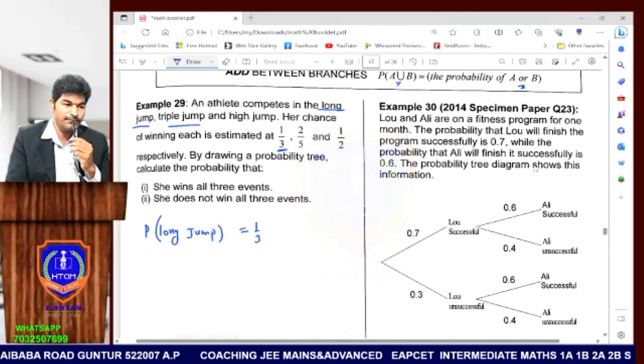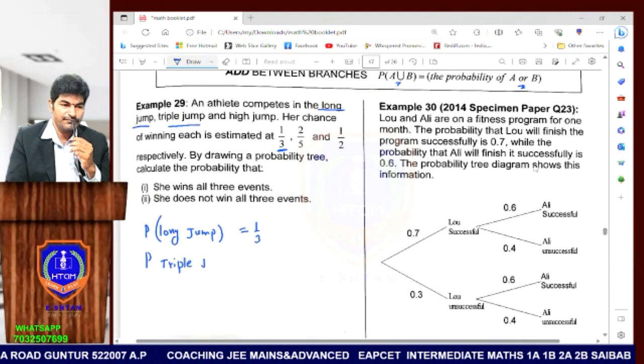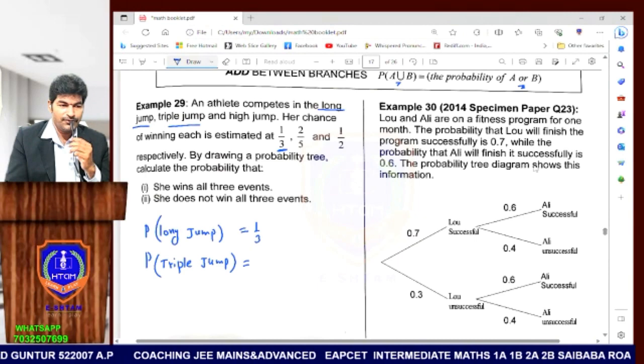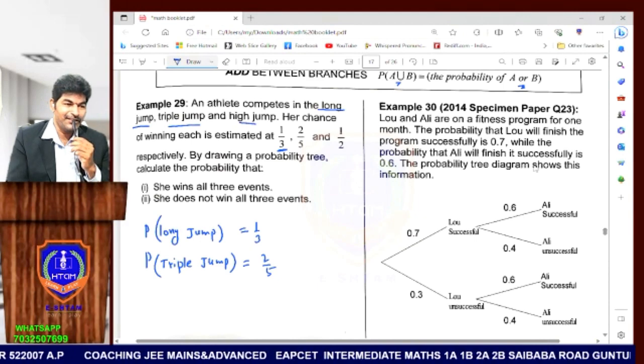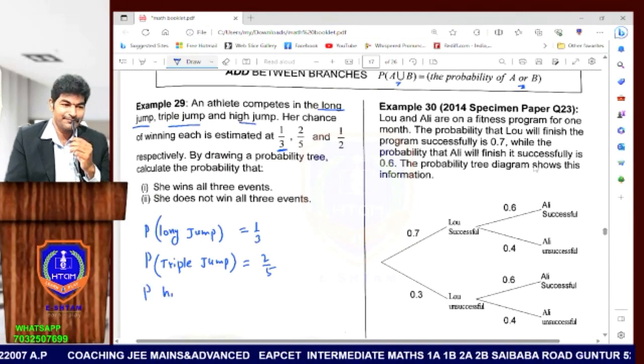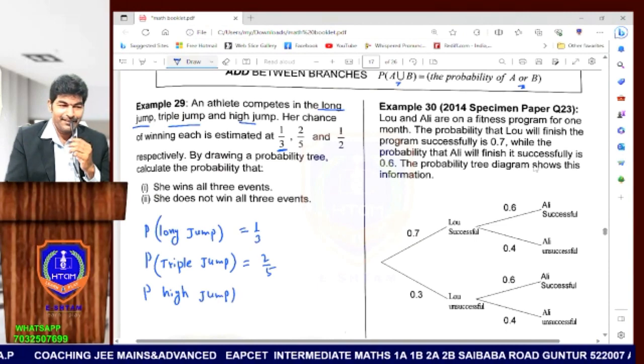For the triple jump, it is 2/5. And for the high jump, it is 1/2.